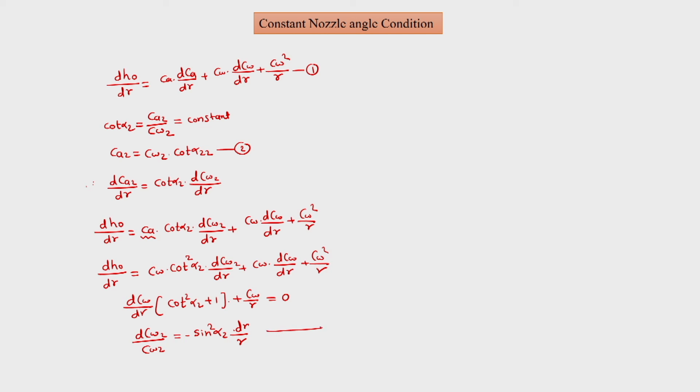Upon integration, this expression can be written as Cw2 into r raised to sin square alpha 2 is equal to constant. So this expression is a condition where constant nozzle angle will be maintained at the entry to the rotor.